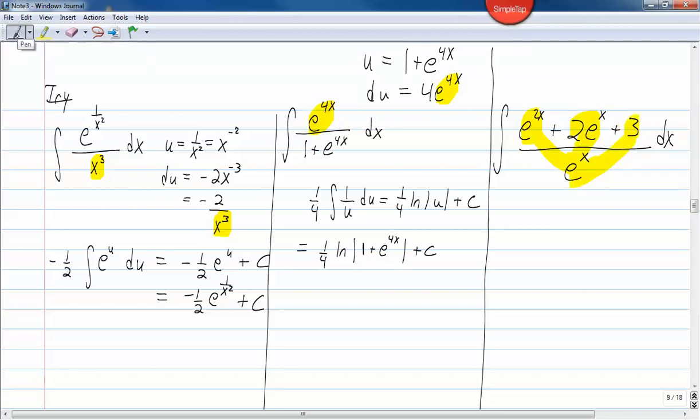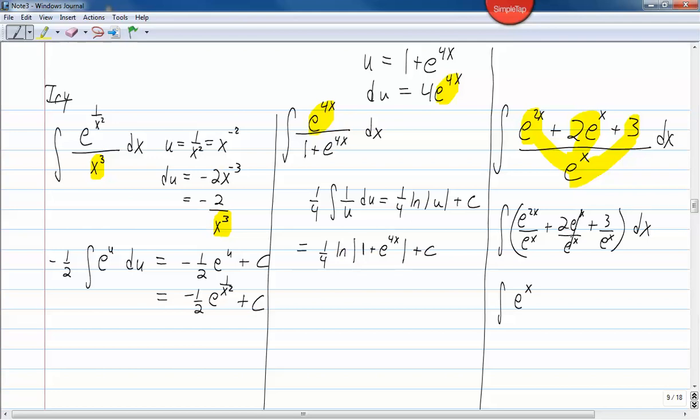Rewrite that integral. So it'll be the integral of e to the 2x over e to the x, plus 2e to the x over e to the x, plus 3 over e to the x dx. And now simplify. You can subtract the powers here, so that's going to be just e to the x.